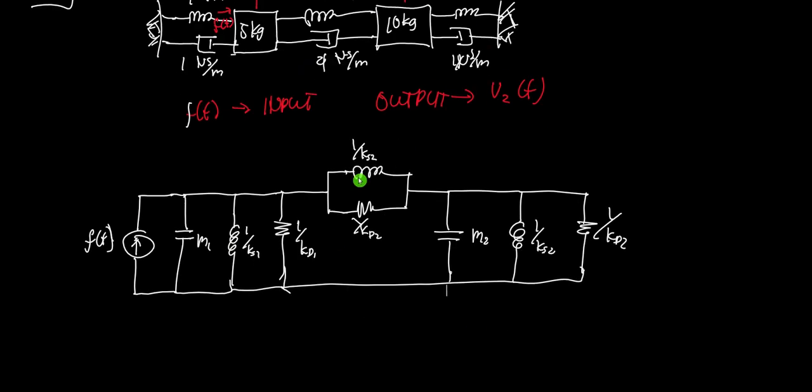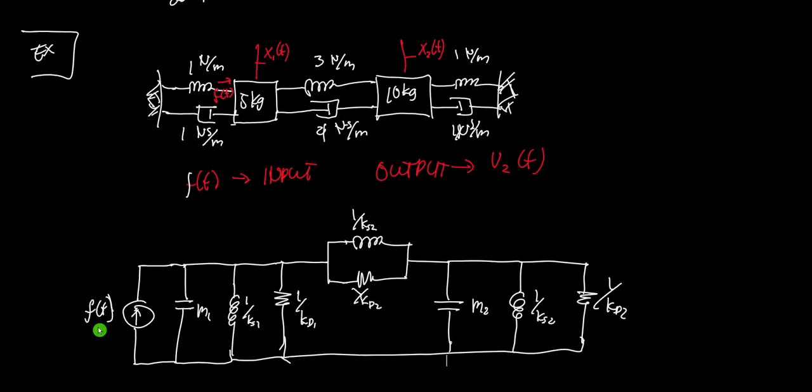And remember, the voltage now is our output in this case, because our input is this current source here. So the net voltage at this point is actually V1, and the voltage here is our V sub 2 in t domain.